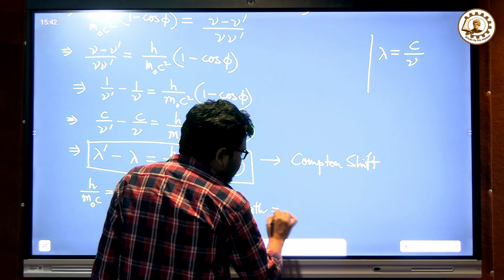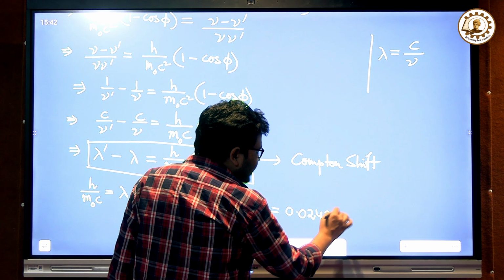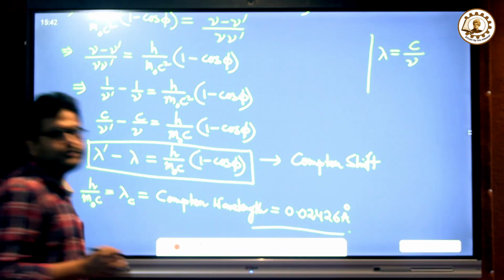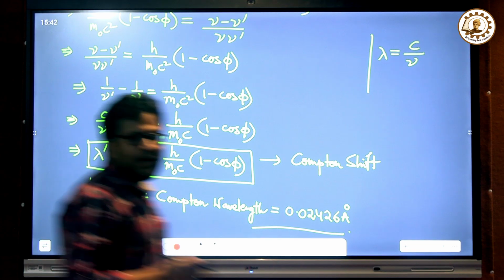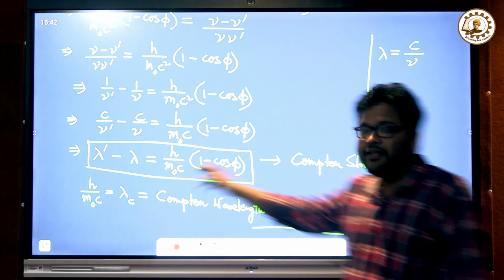It has a numerical value 0.02426 angstrom. Thereby we have established the expression for Compton shift, as you can see on the screen.